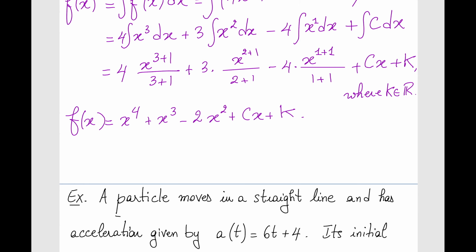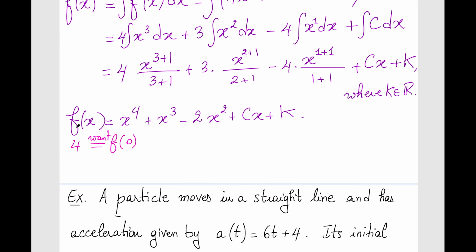Change color here. So I know that f of 0, correct? I know that f of 0 is 4. We want this to happen. Yes? But on the other hand, what's f of 0? F of 0, the function f that's part of this family. Well, f of 0 is going to be 0 to power 4 plus 0 to power 3 minus 2 times 0 squared plus c times 0 plus k.